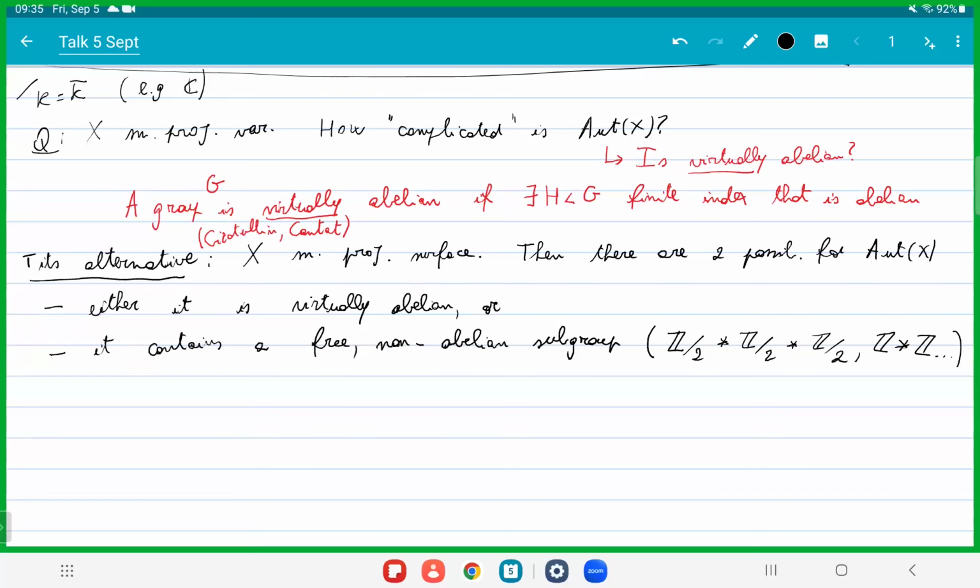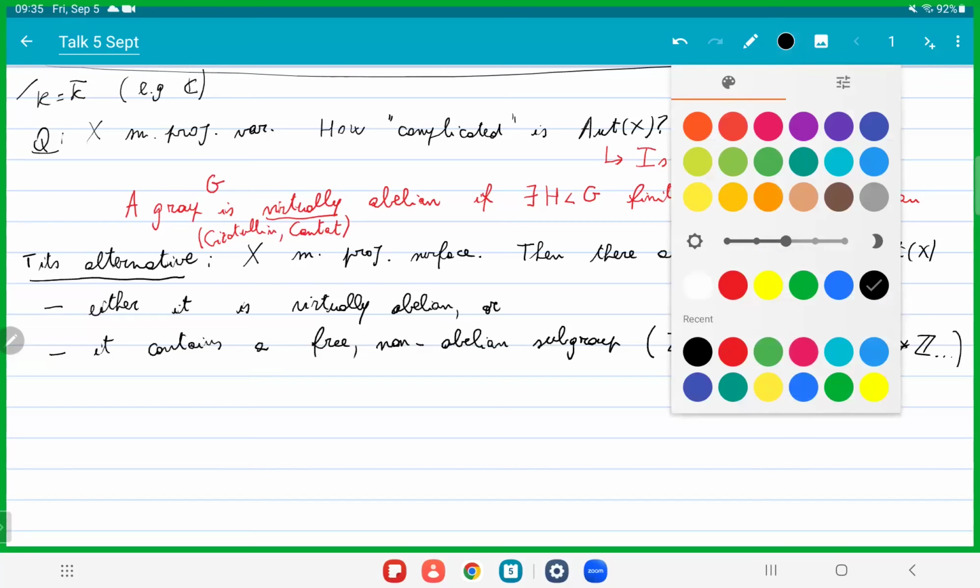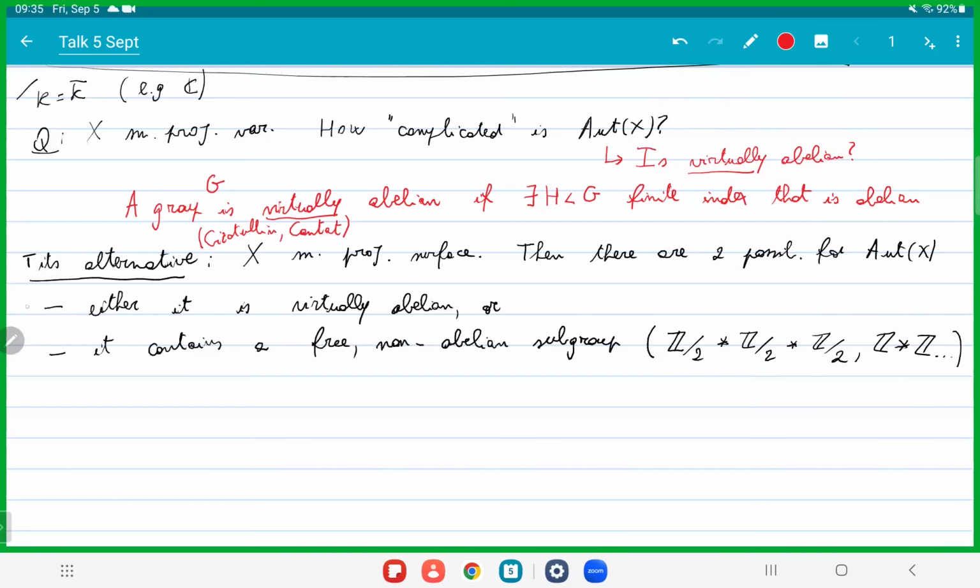It says that either it is almost abelian or it is extremely complicated, so complicated that it contains a free group, and free groups are in some sense the most complicated. So this dichotomy gives us a way to classify the complexity of an automorphism group of a surface. And we're going to be interested in when a certain surface has an automorphism group in case 1 or in case 2.